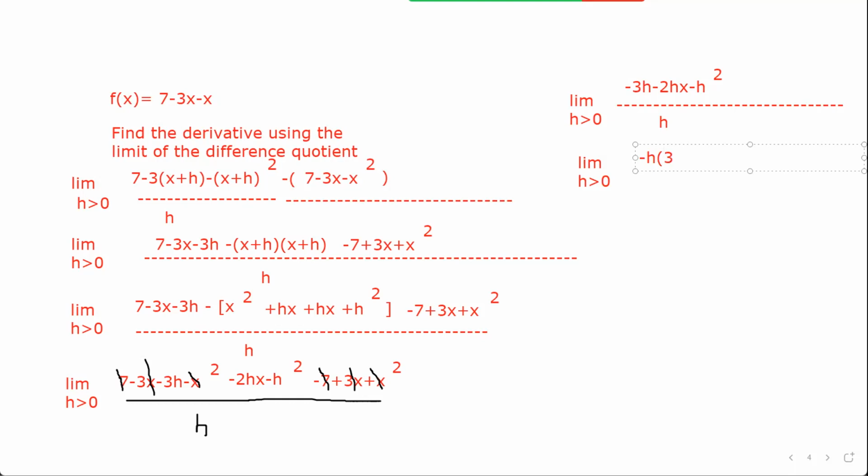That's going to cause a sign change in the second term. Because I'm pulling out a negative h, what is my second term going to be inside? 2x. Very good. And this last one? It's going to be positive h. Good.